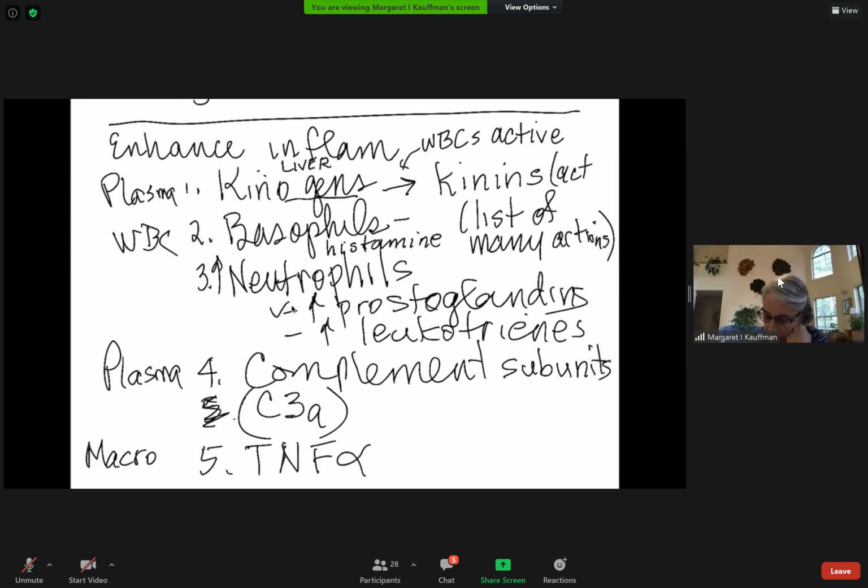And she really did a nice, thorough list of all the things that these kinins can do. The book specifically brings up bradykinins, which if you want to learn, you can. I don't ask you to learn a specific kinin in this case. So just know there's a bunch of them, and they have lots of actions, including increasing inflammation, which we're focused on here.